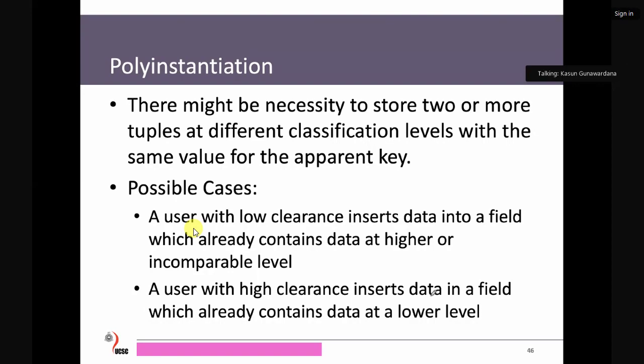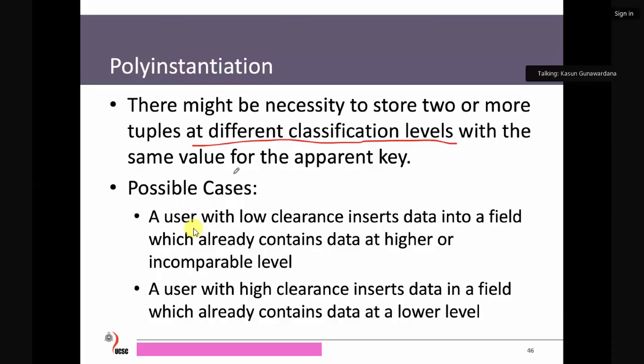There might be a necessity to store two or more tuples at different classification levels with the same value for the apparent key.